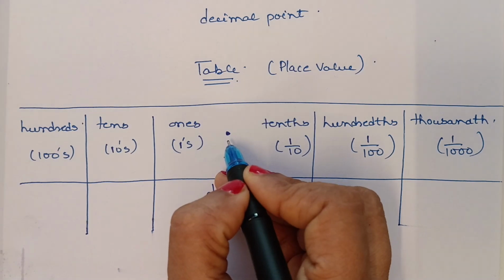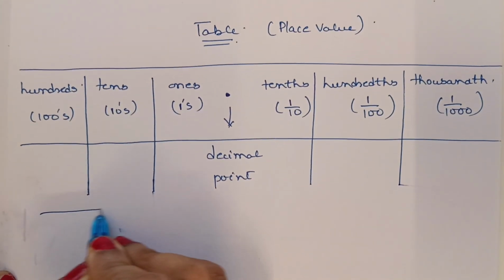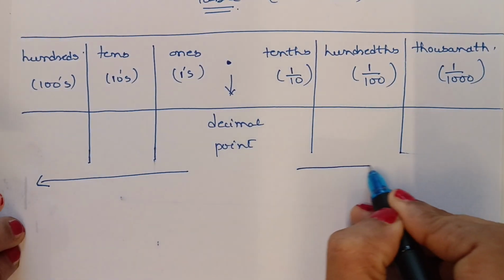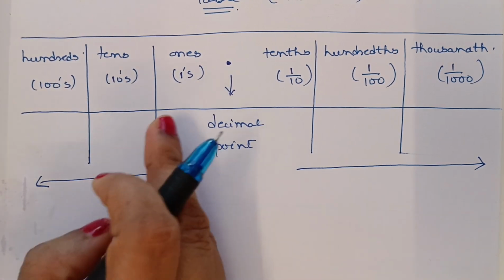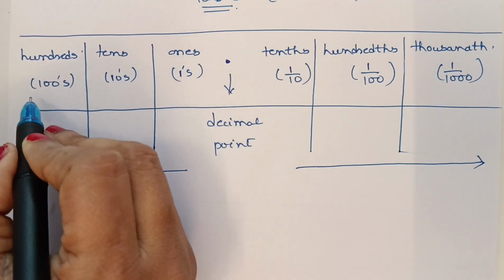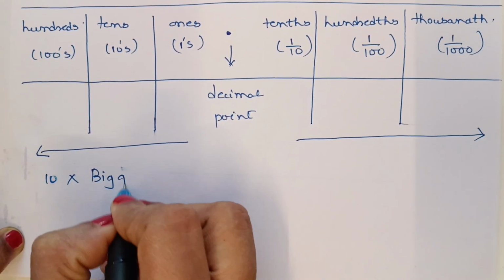This point is called as decimal point. Now when you see, this is your left hand side, and after the decimal point it is called as what? Right hand side. When you see the left hand side, what you see? Ones, tens, hundreds. It means this is 10 times bigger.